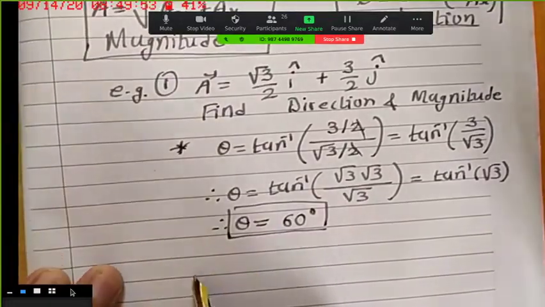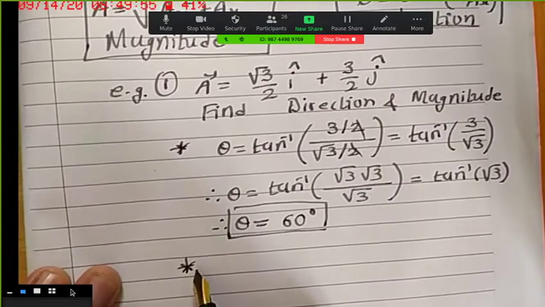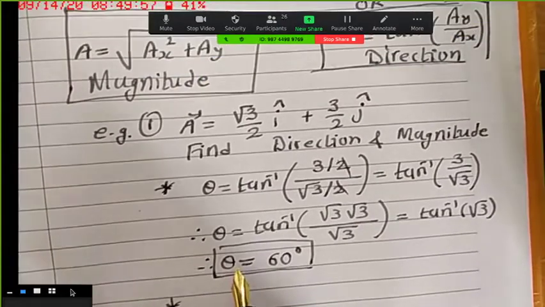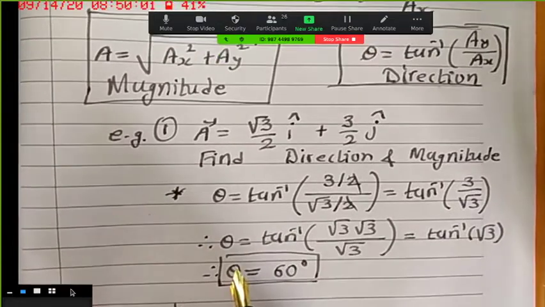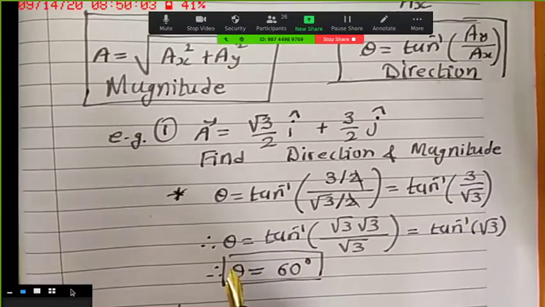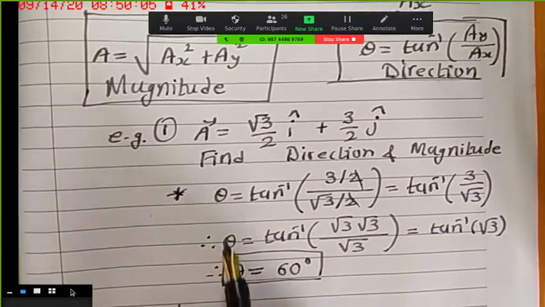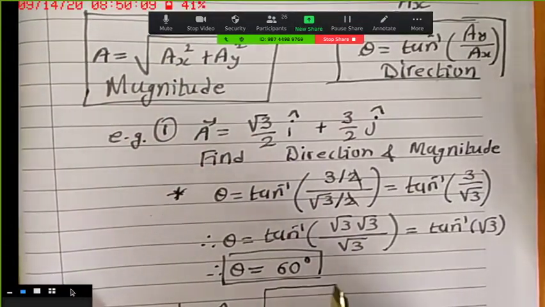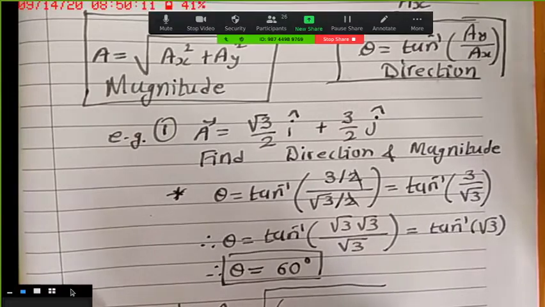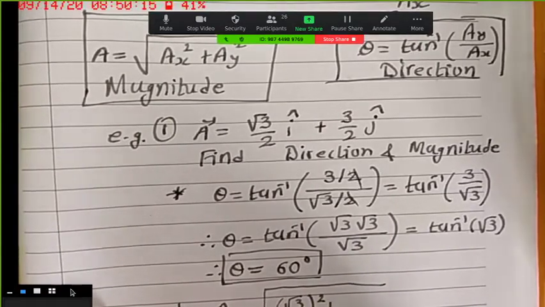How will you find the magnitude? Which formula? Pythagoras. A equals root over AX square plus AY square, where AX is root 3 by 2 and AY is 3 by 2.